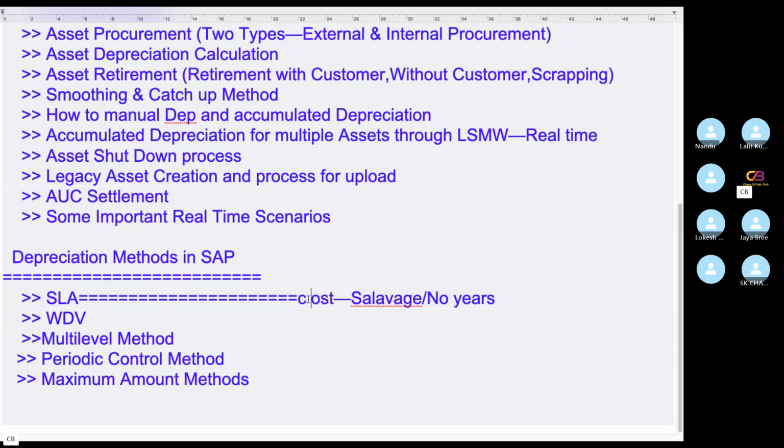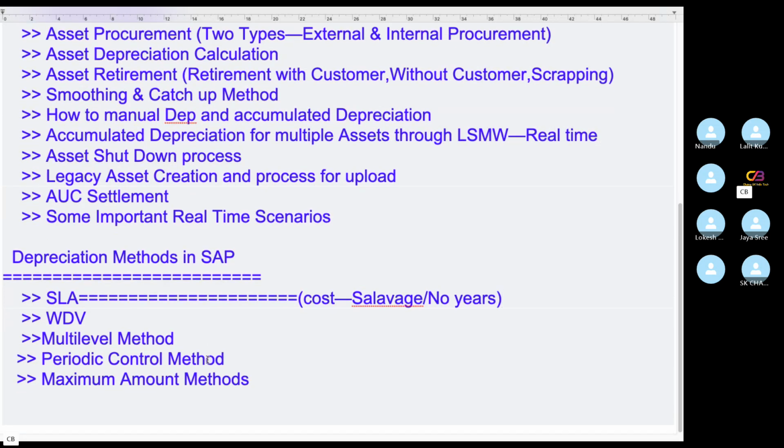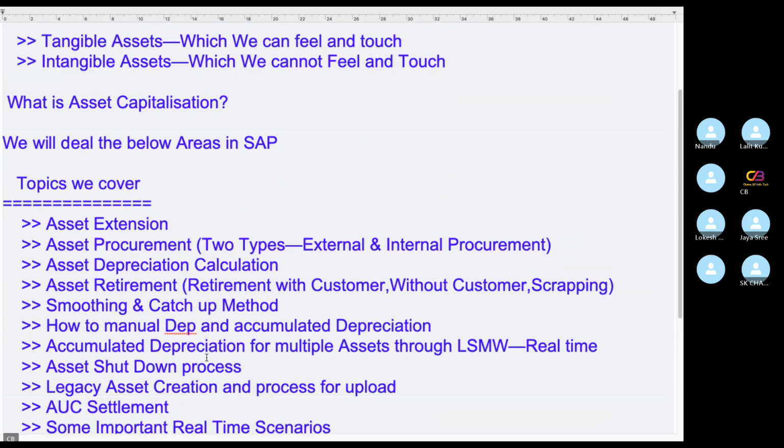This is the formula. The WDV method is calculated based on a percentage. We will deal with this concept in depreciation calculation, particularly for assets in SAP.